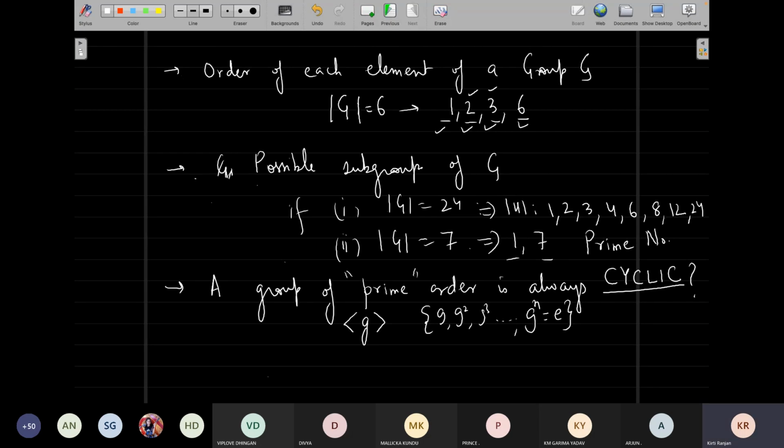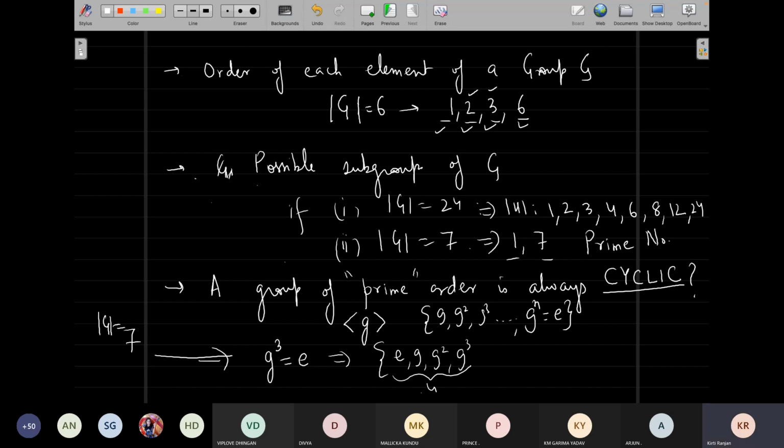Now, why would this be? Think about it. Let's say the order of G is 7, so it's a prime one, and I can have an element such that G cube is equal to E. Then there exists a subgroup with G, G square, G cube, only these elements.